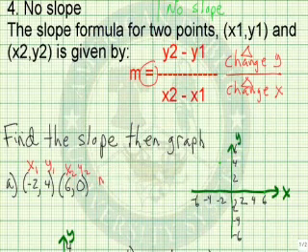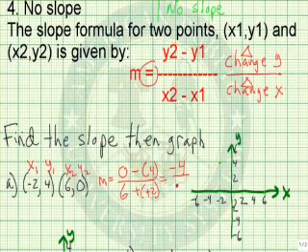So we take m equals the y2, 0, minus, in parentheses, the y1, which is 4, divided by x2, which is 6, minus, in parentheses, x1, which is -2. The parentheses ensure that we won't make a careless mistake with negatives. So we have 0 minus 4 is -4. 6 minus -2 is the same as 6 plus 2 gives us 8. So -4 divided by 8, so we have a slope here of -1/2.